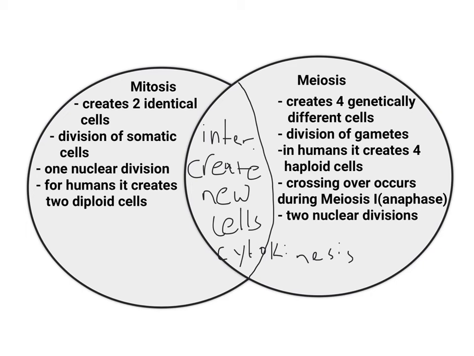So interphase is broken down into the 3 parts: G1, S, G2. Then the M phase, which is the mitosis phase or the meiosis phase, and then cytokinesis is the division of the cytoplasm. And then once the 2 new cells are created, it starts that process over again. Those 2 cells would grow, and then the cycle would continue for those new cells.